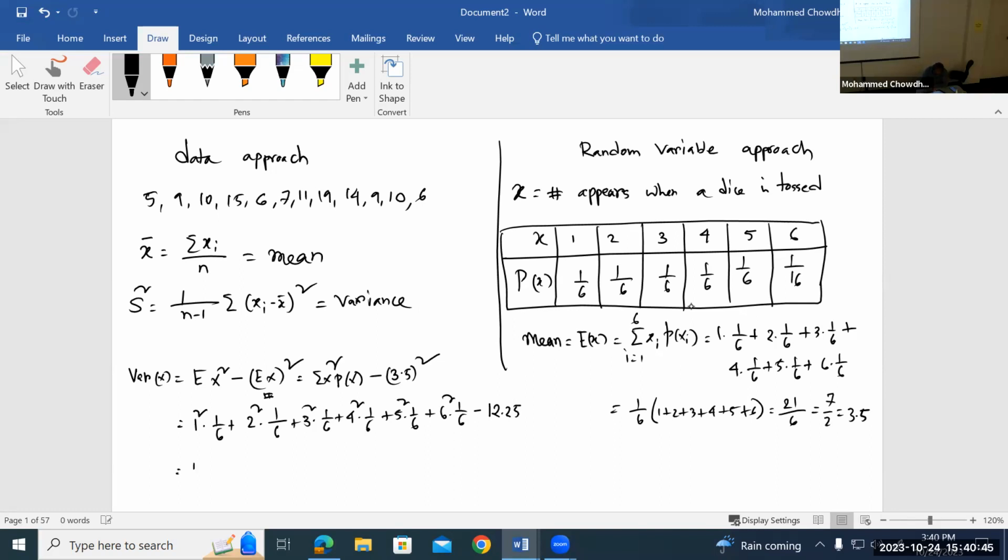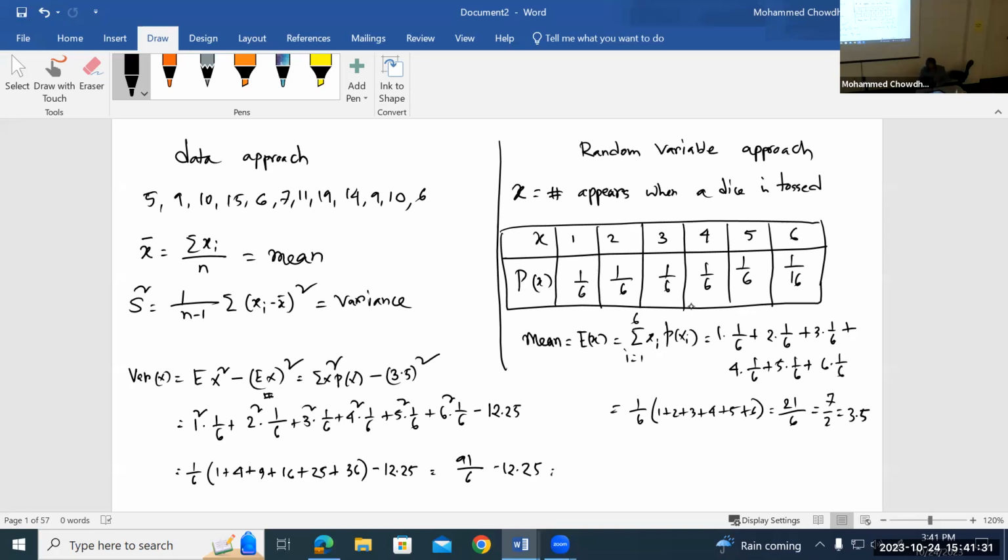So now if I write 1 over 6 times (1 plus 4 plus 9 plus 16 plus 25 plus 36) minus 12.25, we have 91 over 6 minus 12.25.